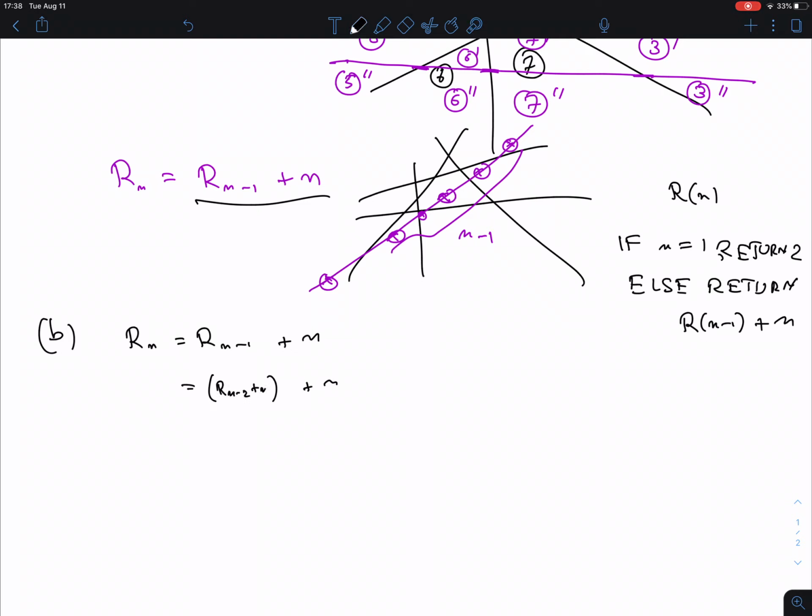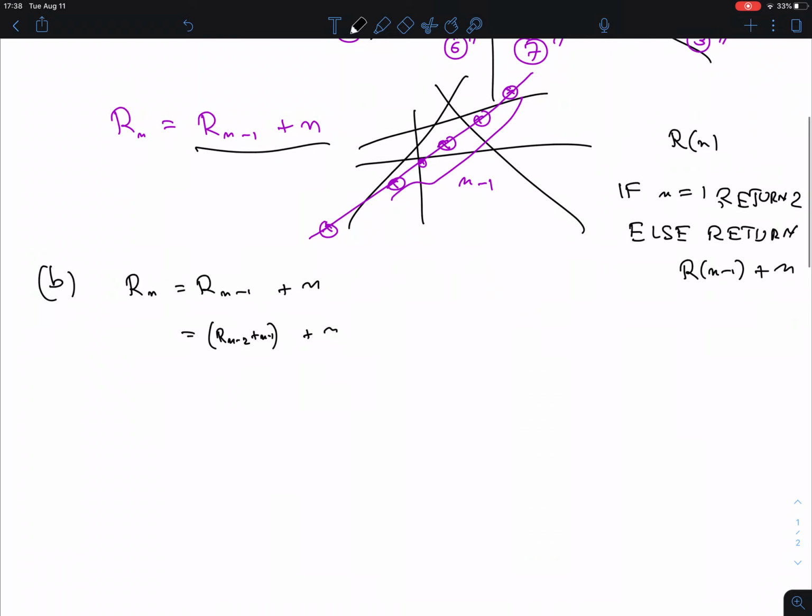Also the n is gone down by 1, right? So this would be Rn minus 2 plus n minus 1 plus n. And now Rn minus 2 is split into Rn minus 3 plus n minus 2. Why is this changing? Well, it also depends on n. So this number is one less than the original index, and this is the original index.